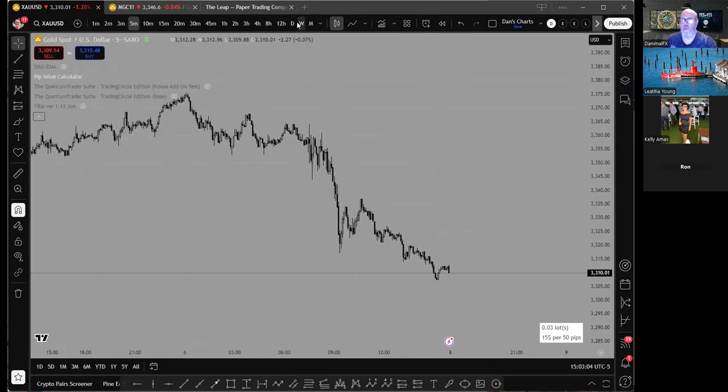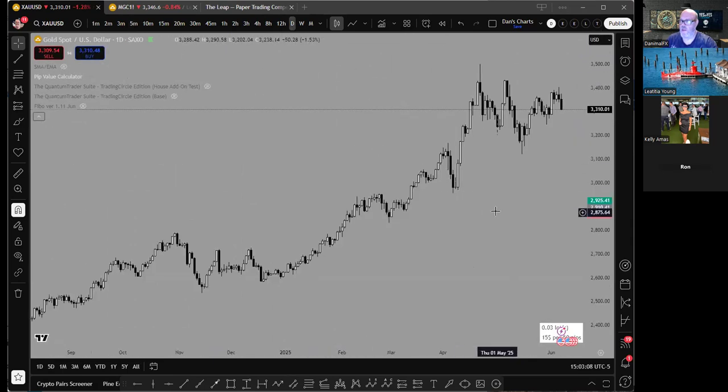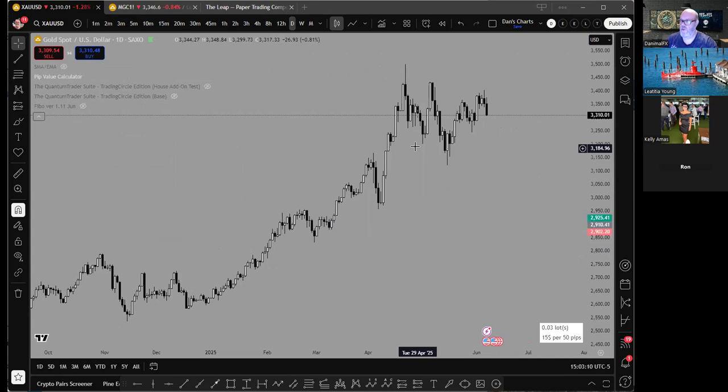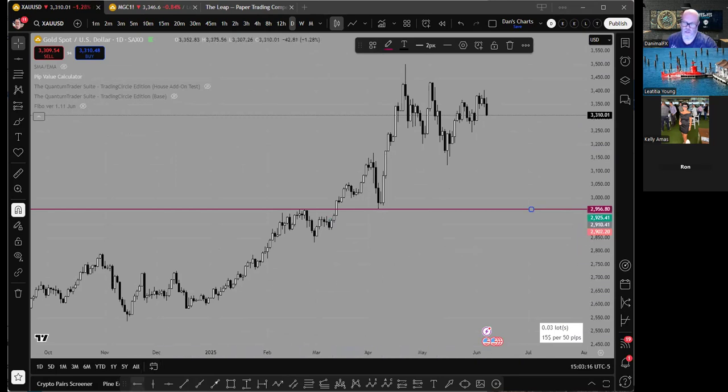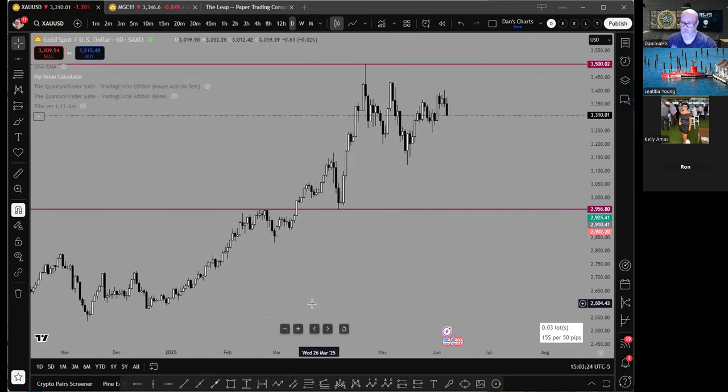One of the things we always look for, and it doesn't matter what time frame you're on, is your high and low. Right down here, you can see I've got a low, and I've got a high up here. This is the zone I'm looking to trade within.